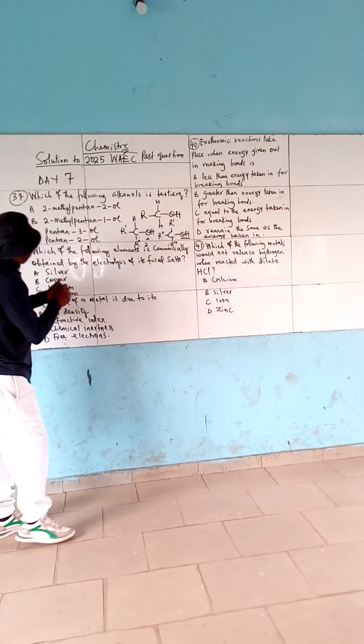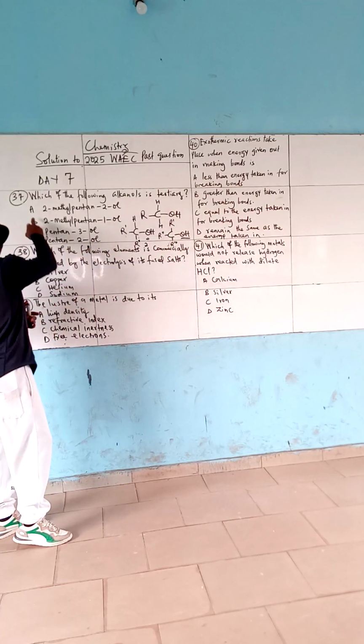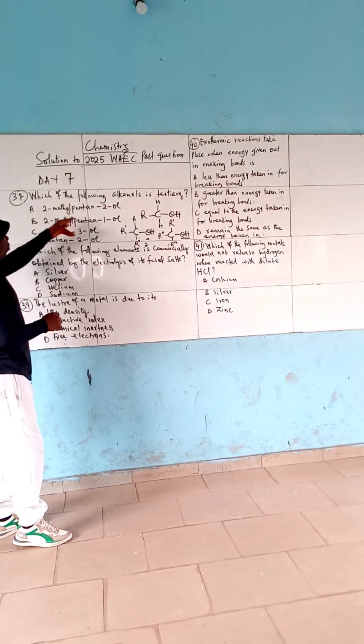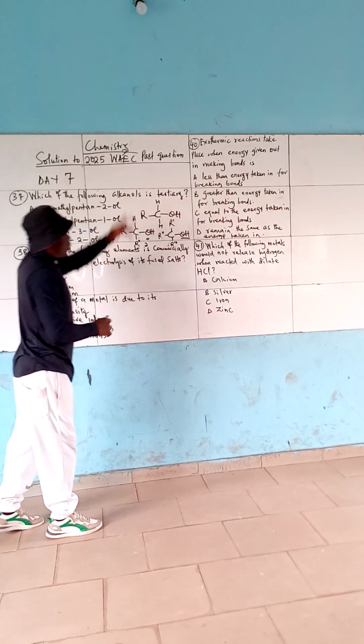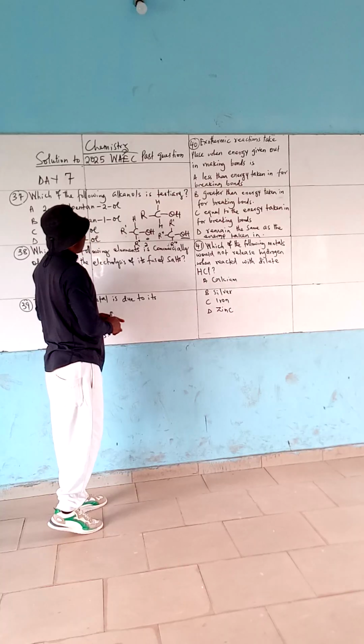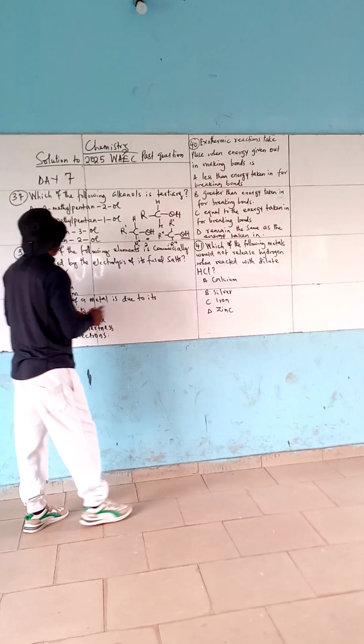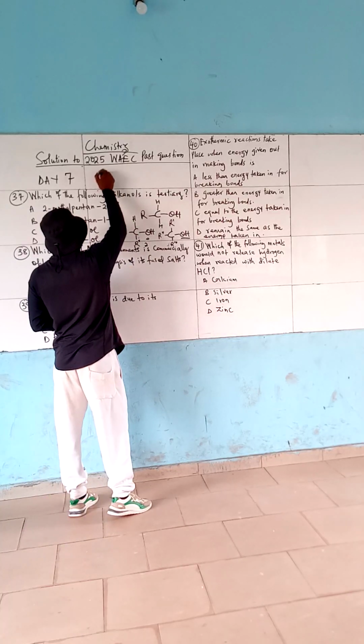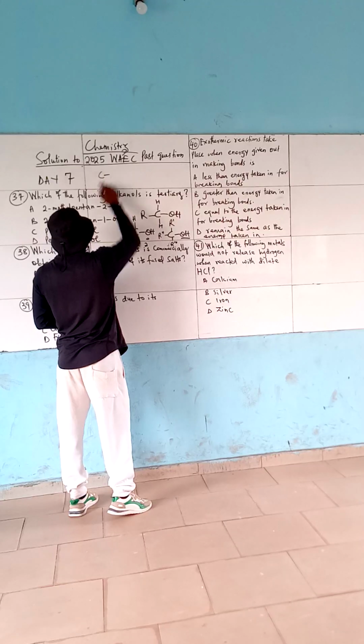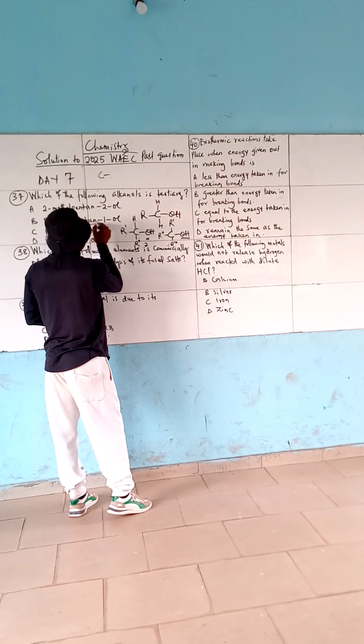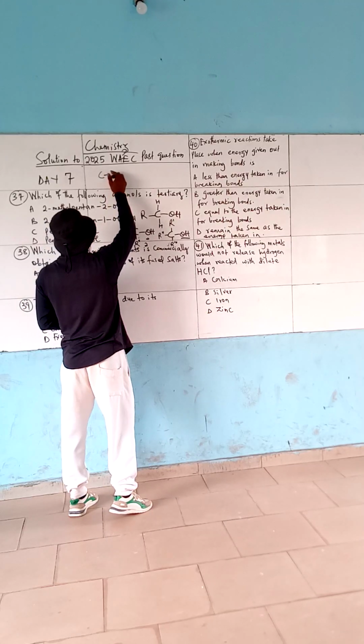Now, let's analyze the options. Option A, 2-methyl pentan-2-ol. You just write the structure this way. Pentan is just 5 carbon atoms, that's the base.